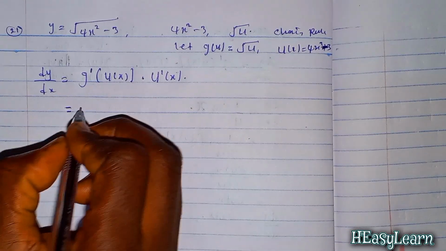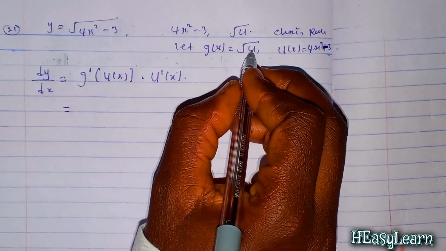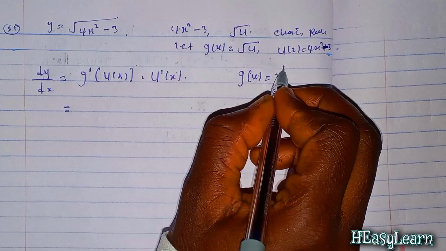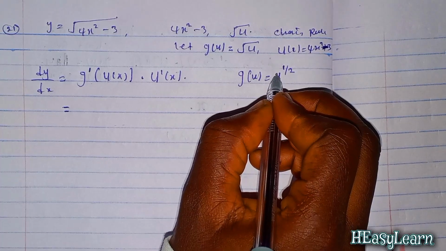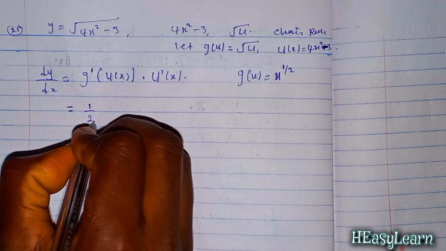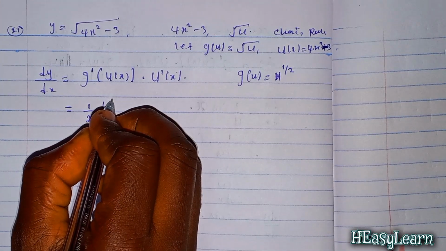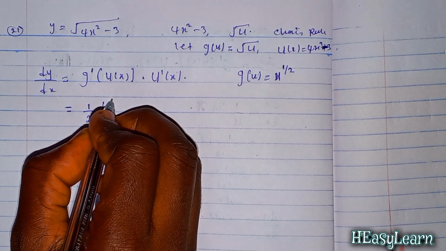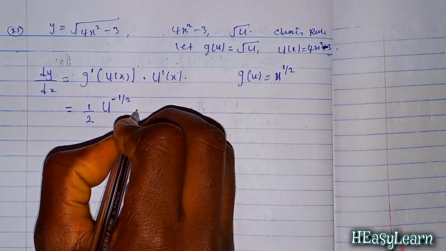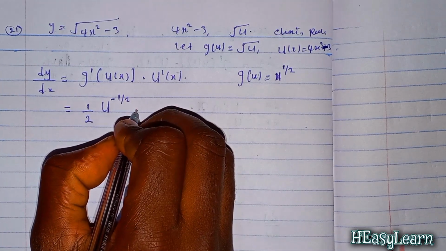This is the same thing as what? What is the differential of g of u? This is u to the power of half. U to the power of half: 1 over 2, to the power of, reduce 1 over 2 by 1, minus 1 over 2. Multiply by the differential of u of x.